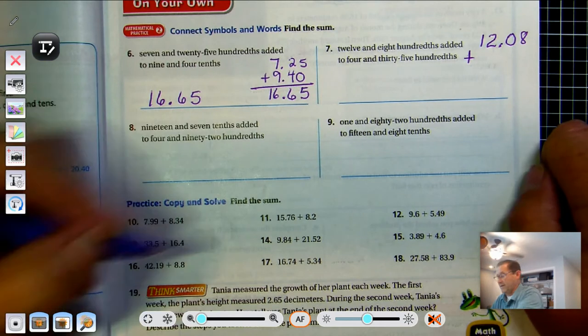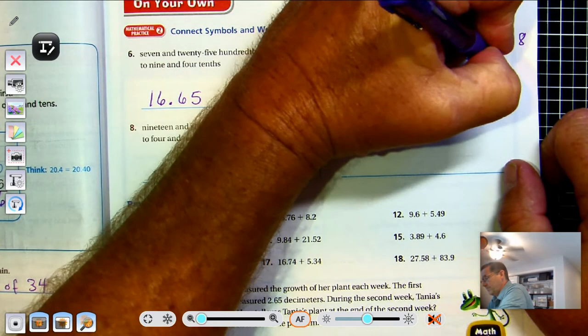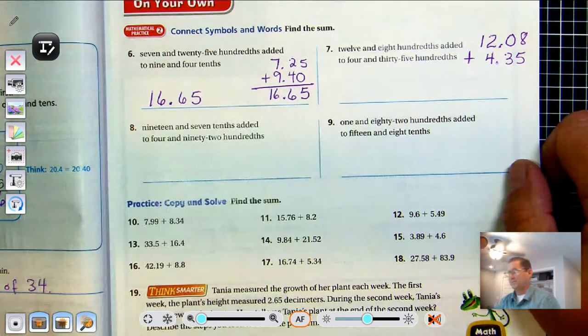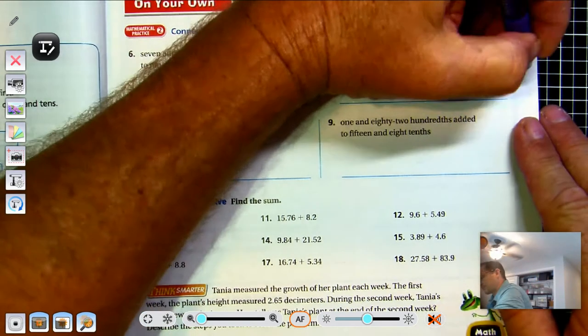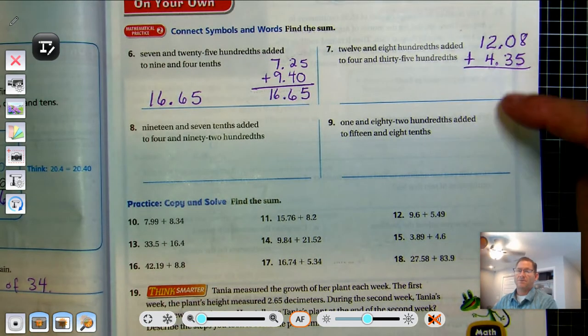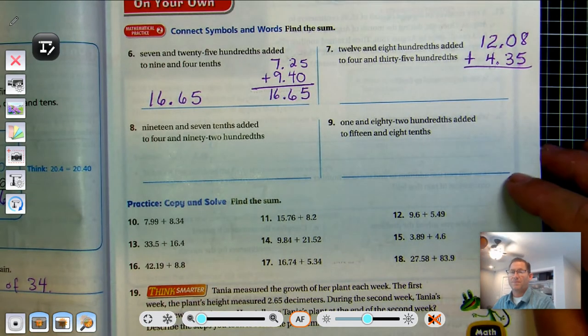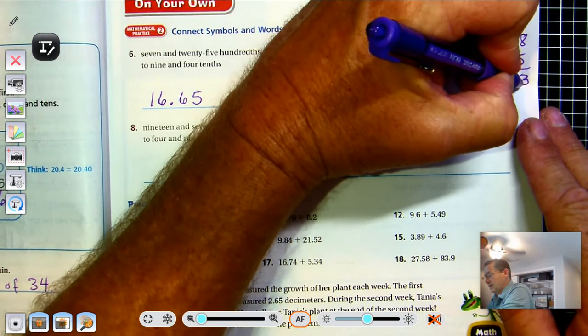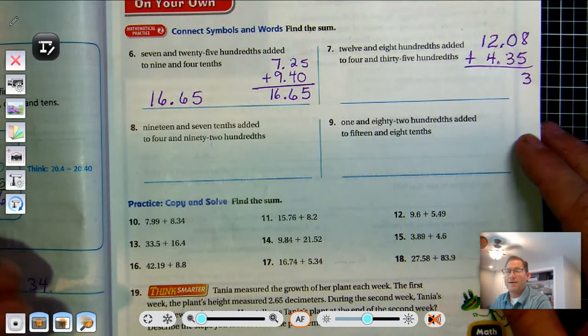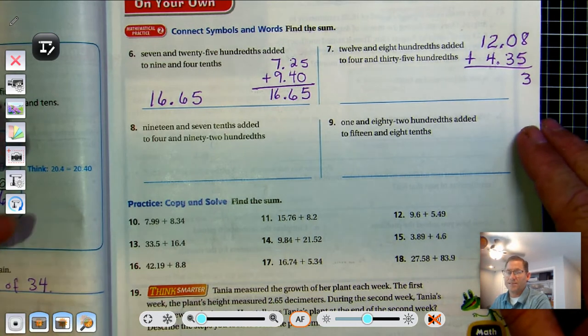4 and 35 hundredths. Again, we just want to make sure we have the same number of decimal place values. So 8 and 5 more is 13 hundredths, sorry. 8 hundredths plus 5 hundredths is 13 hundredths.